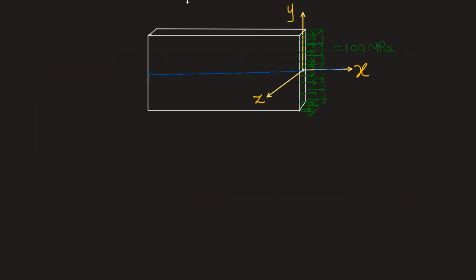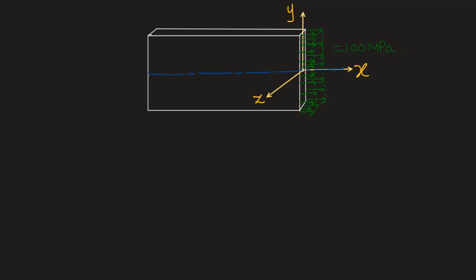In this diagram, we can see the thin rectangular metal sheet. Its axis that is parallel to the length direction I have marked as x-axis, y being the axis perpendicular to the x-axis in the plane of the sheet, and z is the axis that is perpendicular to the plane of the sheet.